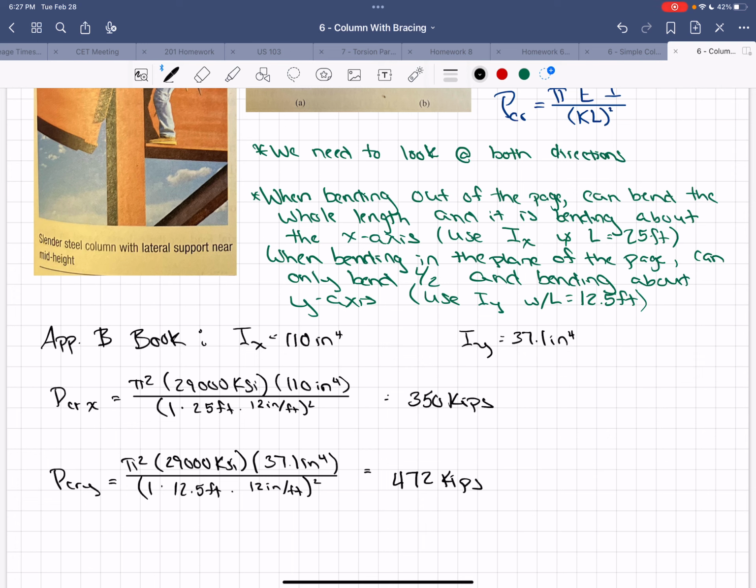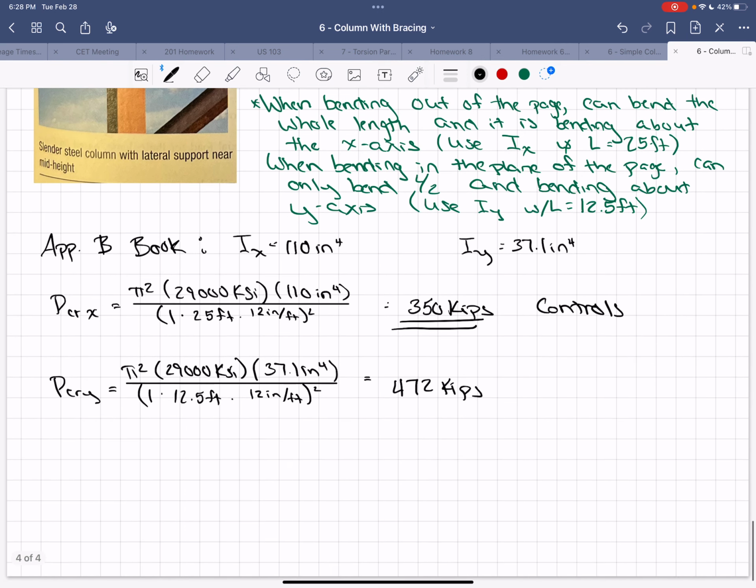In this case the smaller value controls. We're not going to put a box around this, but we're going to use P critical X as our limiting value, 350 kips.